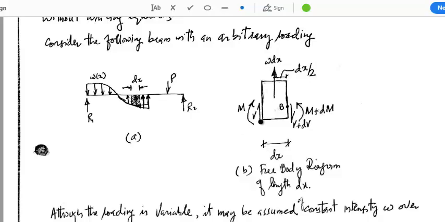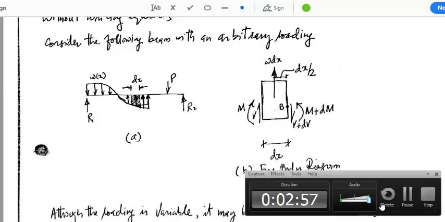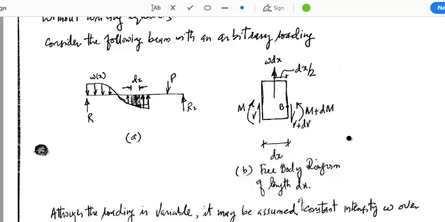If we assume that the shear V is upward on this face and the moment is in clockwise direction, then in order to achieve balance, the shear will be in the downward direction on the other face and the moment will be in counterclockwise direction.